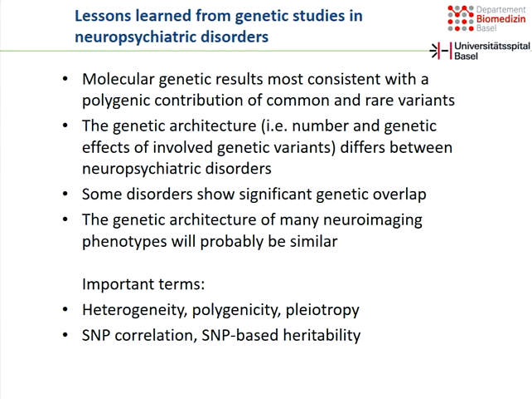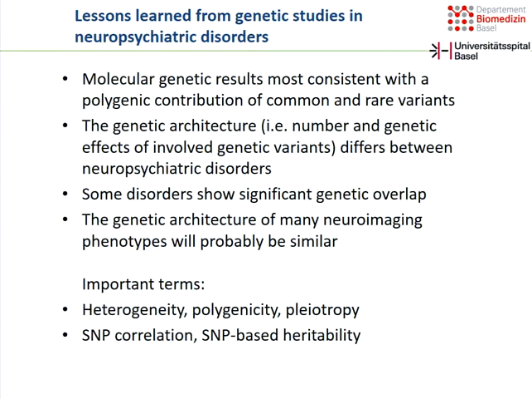I don't have questions, but I have put some important terms here that you should remember. There is heterogeneity. This is an important term: there is a different composition of genetic factors in individuals who may show the same clinical phenotype. Then polygenicity: the effect of many variants altogether makes up the genetic effect for a certain disorder or phenotype.